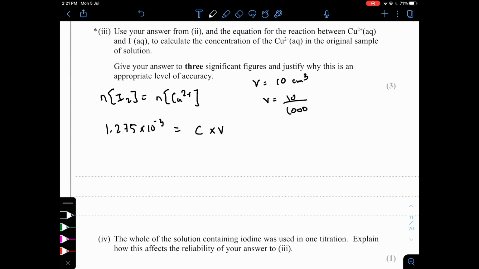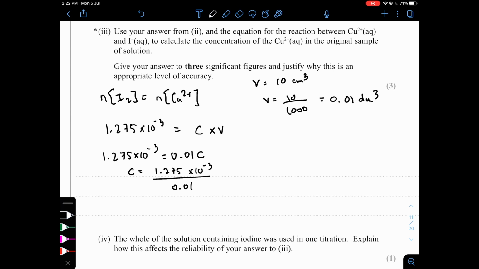So this is 10 divided by 1,000, 0.01 dm cubed. So 1.275 times 10 to the power minus 3 equals 0.01 C. So C is 1.275 times 10 to the power minus 3 divided by 0.01, which is 0.1275.